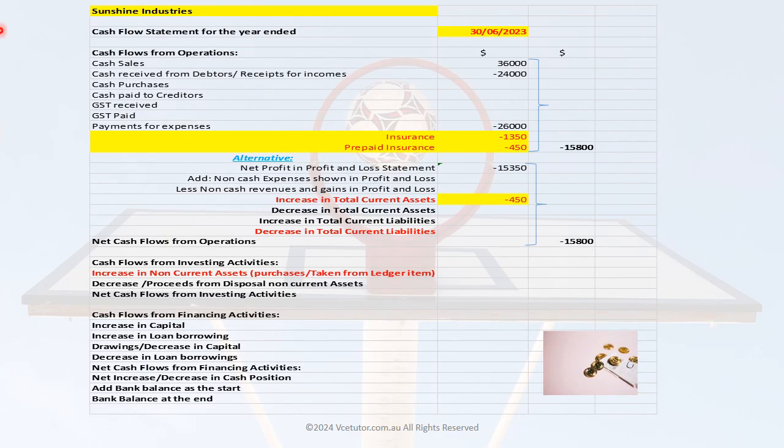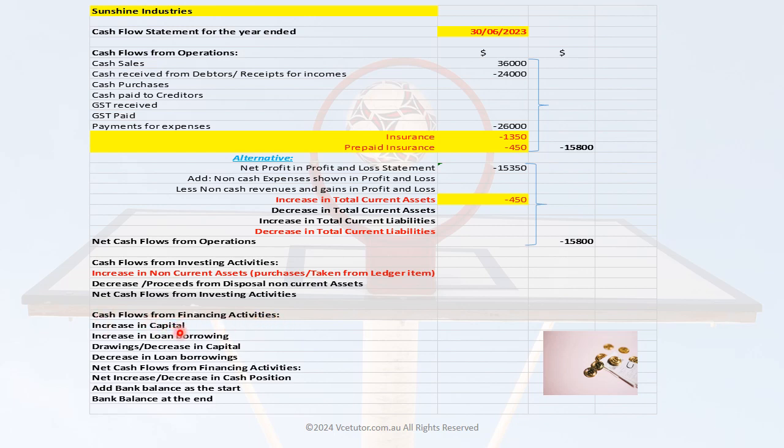This is how the cash flow statement of Sunshine Industries on 30th June 2023 appears. For convenience, I go from the bottommost cash flows. The third and bottommost cash flow is cash flow from financing activities.